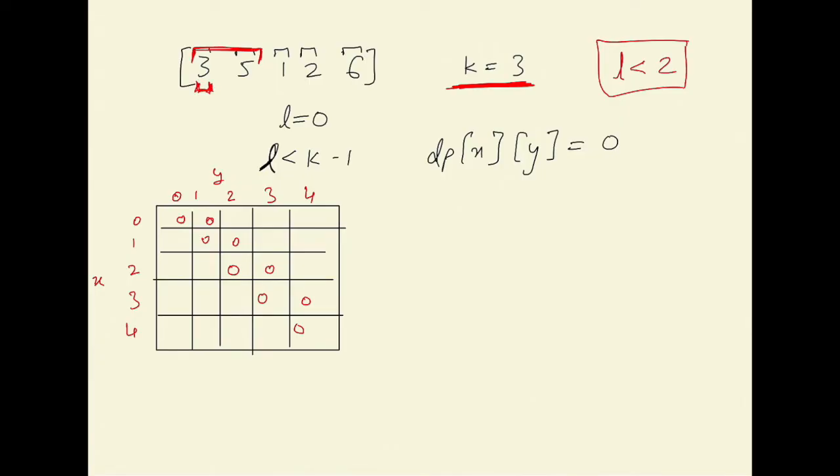And the next case is when L is equal to k minus 1. So if we have exactly k stones, then we would simply sum all the stones in all those piles, and that would be our answer. So sum of array x to array y, that would be our dp[x][y].